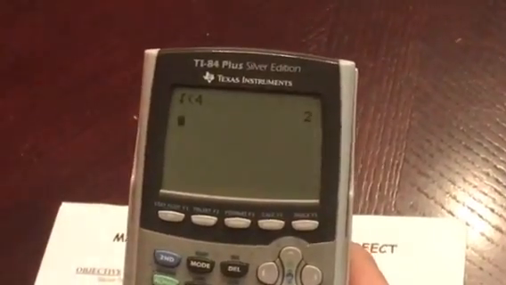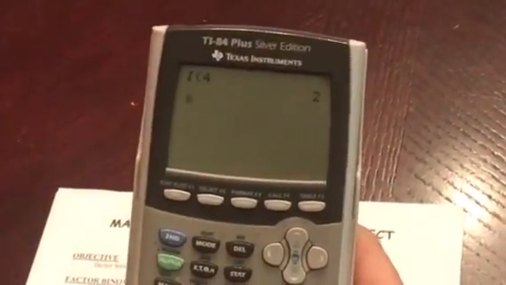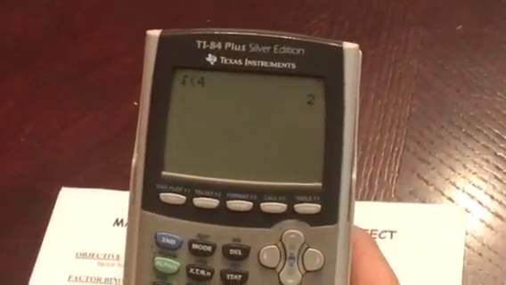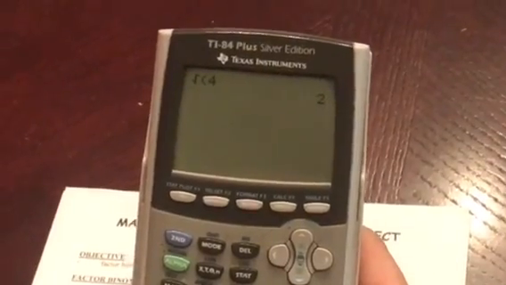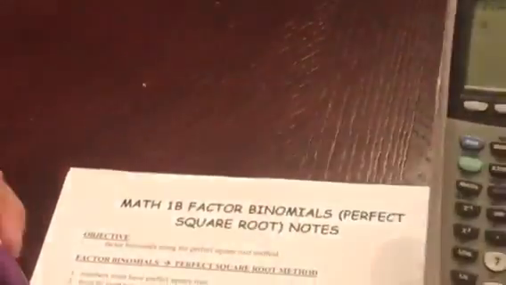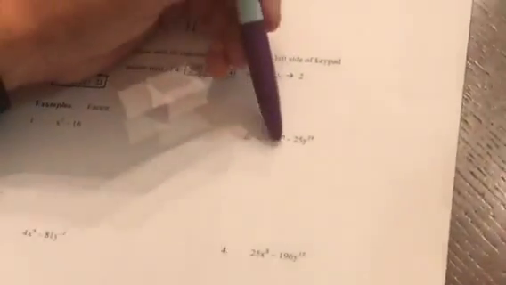Enter. And it gives us the square root of 4 equals 2. For each of these examples, we're going to test the numbers to see if they have a perfect square root.